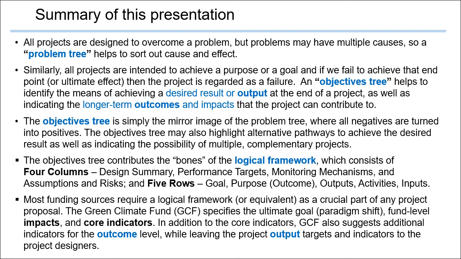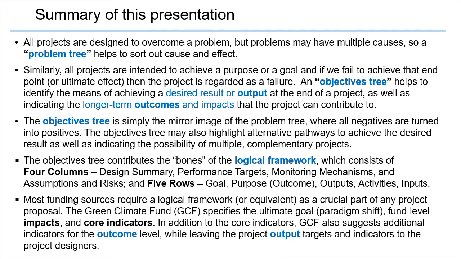The objectives tree is simply the mirror image of the problem tree, where all of the negatives of the problem tree are turned into positives. The objectives tree may also highlight alternative pathways to achieve the desired result of the project, as well as indicating the possibility of multiple complementary projects to achieve the core objective.